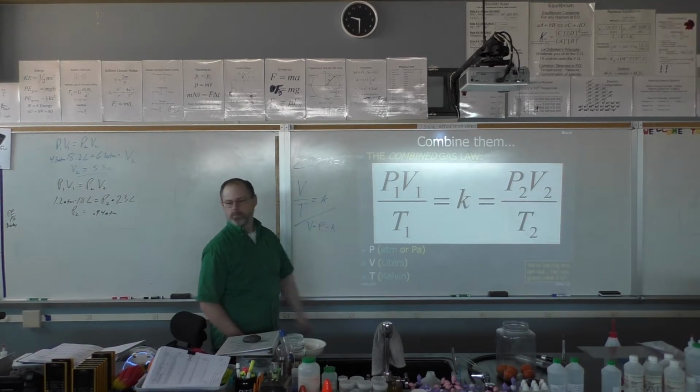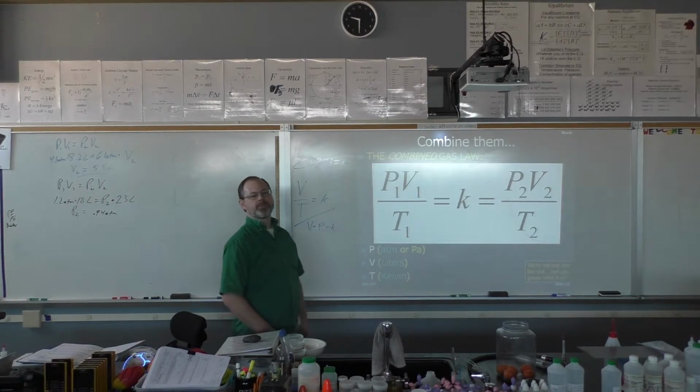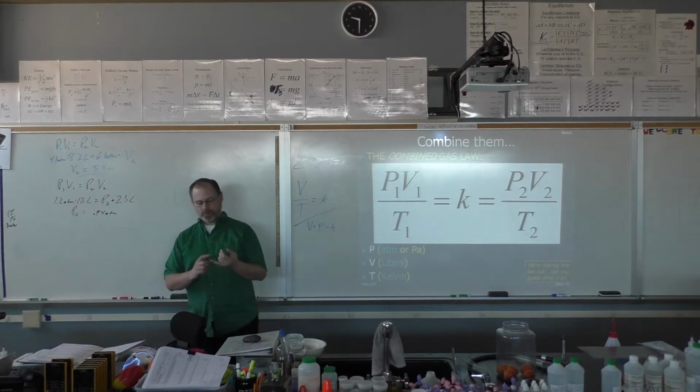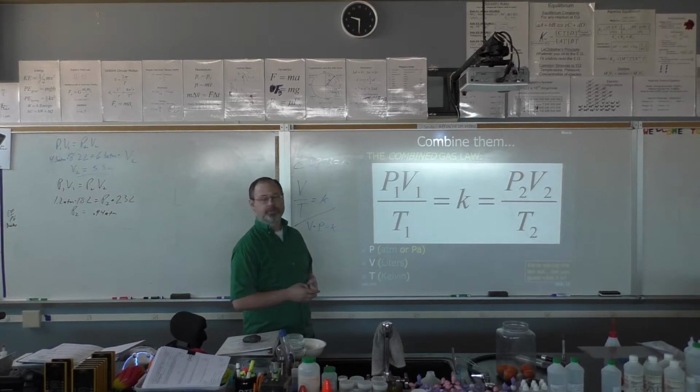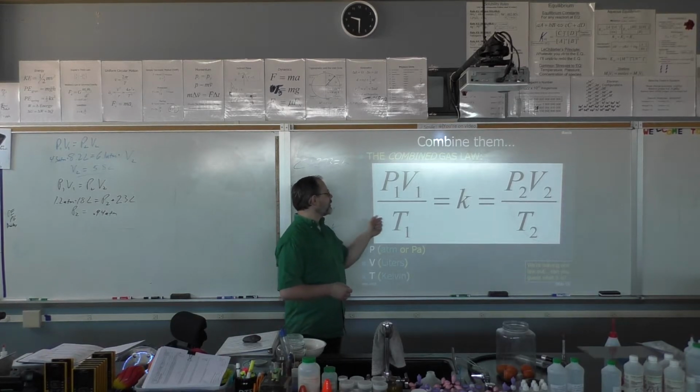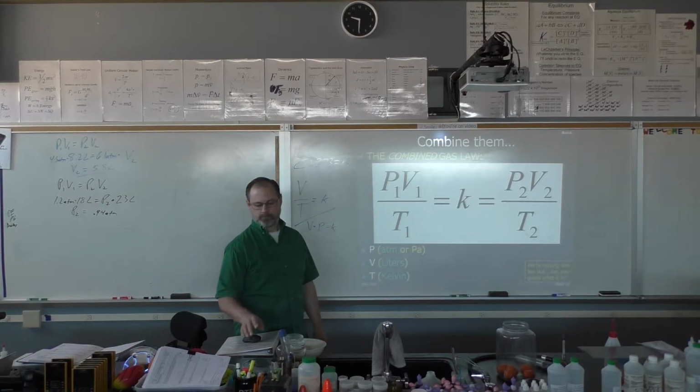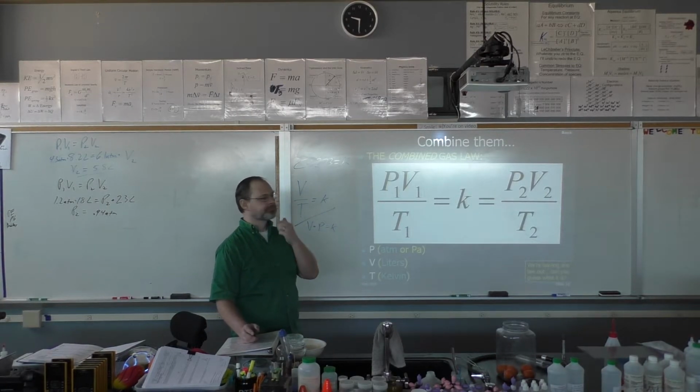So if you have all three, pressure, volume, and temperature, the product and quotient of those three will be a constant. So you can say P1V1 over T1 equals P2V2 over T2. This is called the combined gas law because we're combining them.